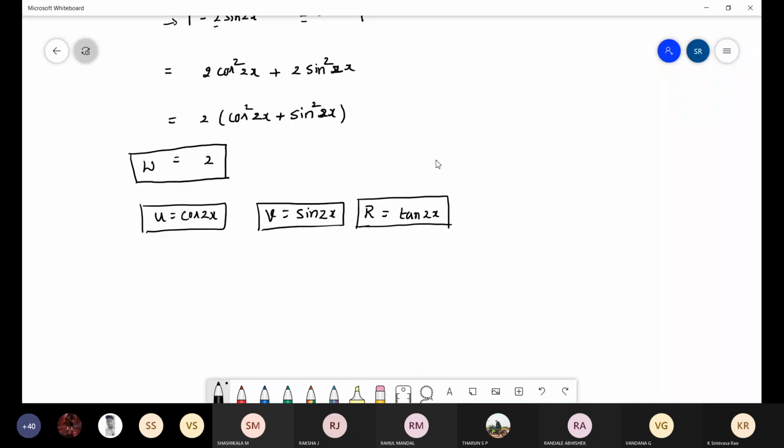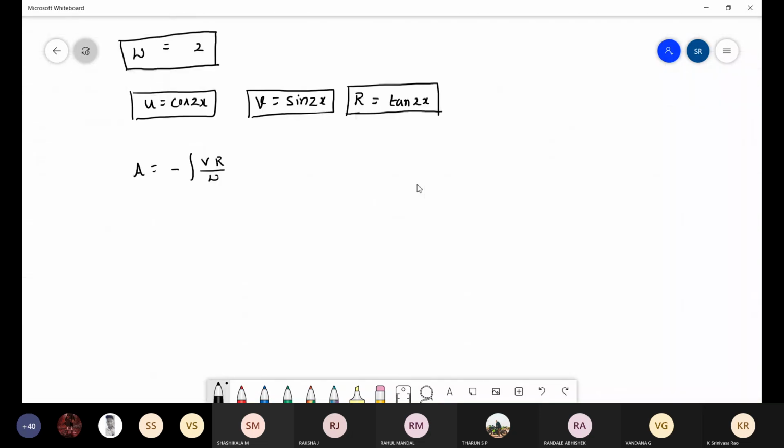Now calculate A and B one by one. A equals minus integral of VR by omega. This is the formula. That is equal to minus integral of V, where V stands for sin 2x, R stands for tan 2x, divided by omega which is 2, dx.